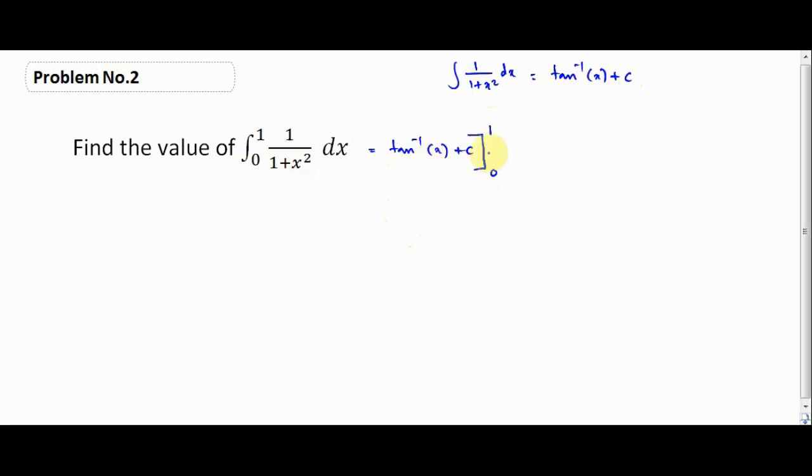Now when we apply the limits here, what we get is tan inverse of 1 minus tan inverse of 0. And we know that tan inverse of 1 is nothing but pi by 4 and tan inverse of 0 is 0. So therefore we will get pi by 4 minus 0, and we get the answer as pi by 4.